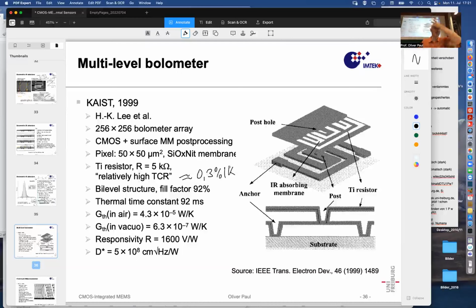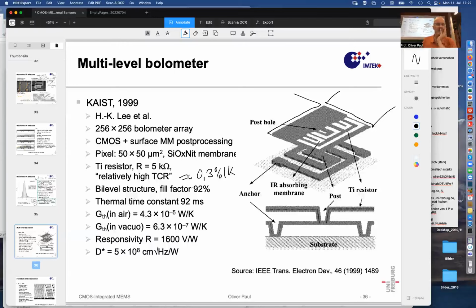Certainly not like a vanadium oxide. And the fill factor, they say, is 92%. So of course there is a little gap to the next pixel, which is unused, but from the area that this sensor covers, 92% are covered by absorbing material.